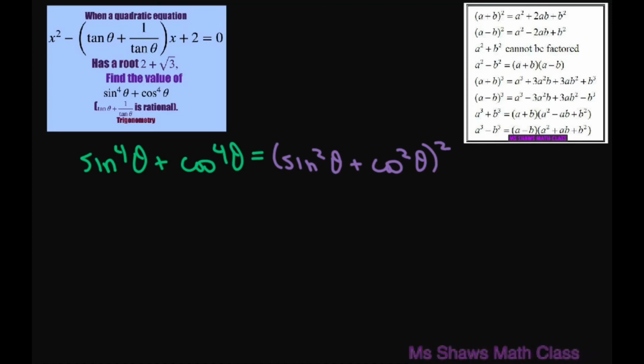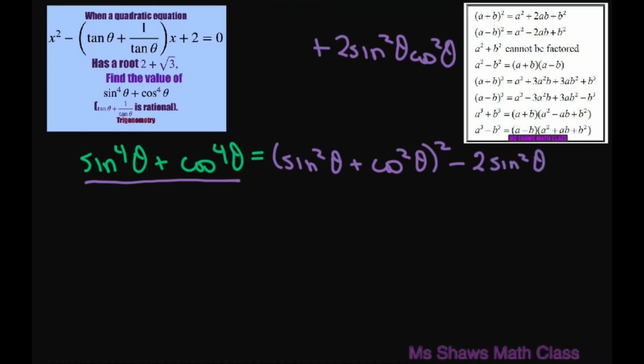All right, when you get that, you're going to get this plus 2 sine squared of theta cosine squared of theta. And so we're going to have to subtract it back out. So we're going to subtract 2 sine squared of theta times cosine squared of theta.